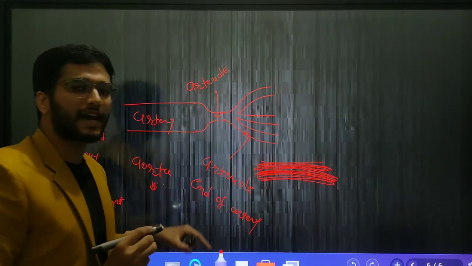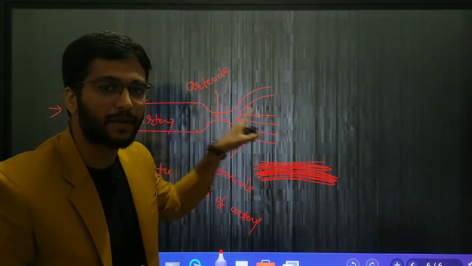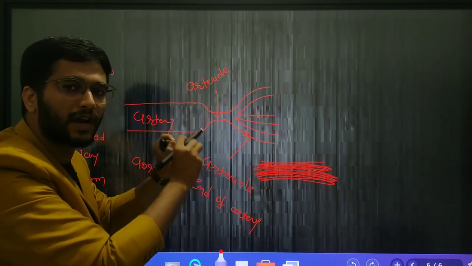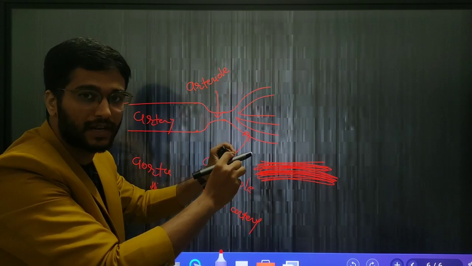When the artery supplies blood toward the muscle, what happens? The artery supplies blood to the arteriole and the capillary.